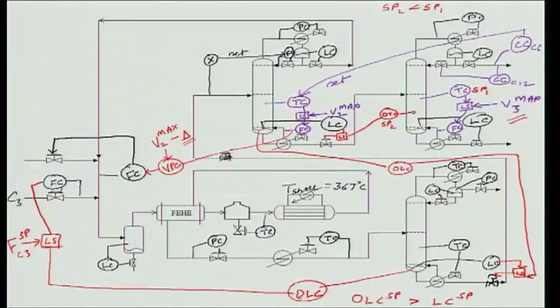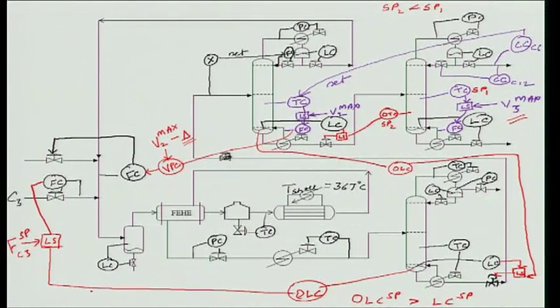So, if the temperature is higher, I need to put in more feed to get the temperature back, and therefore, the output of this controller is actually high. Because the output of this controller is high, the level control of, basically this signal gets passed. So, the feed to the product column is under level control of the recycle column, bottom of the recycle column, and so on and so forth.